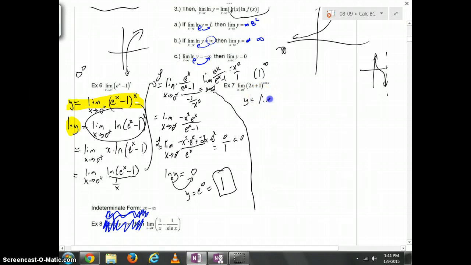So let's call y our original problem. And from here, we can go ahead and take a natural log on both sides. The reason why we're taking a natural log is so that we can drop a power down.